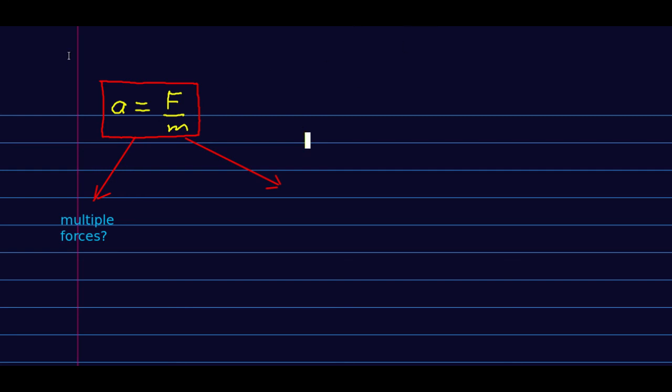But the second thing is that I've been only thinking about magnitudes of forces and magnitudes of accelerations. But as we already know, forces are vectors, and so are accelerations. And so we can't ignore that these have directionality. So that's what we'll do next lecture, and it's going to lead us to our final form for Newton's second law, which is going to look like this.